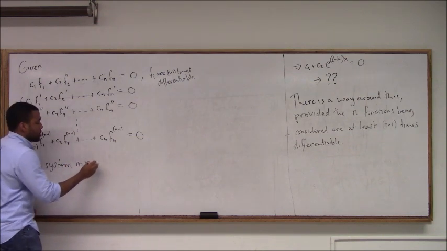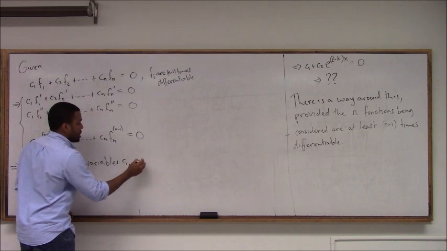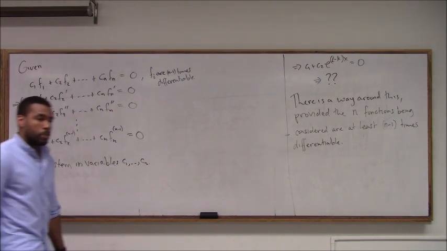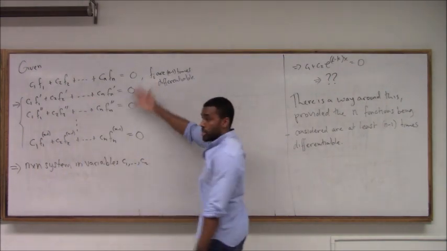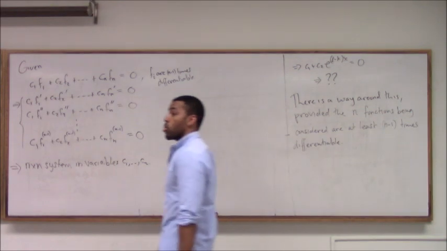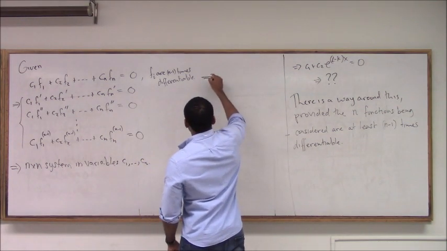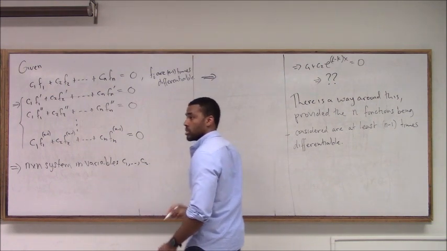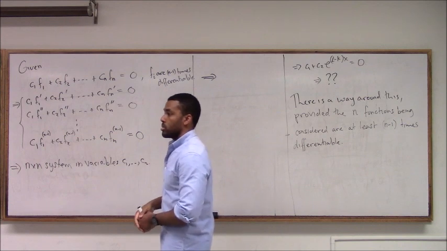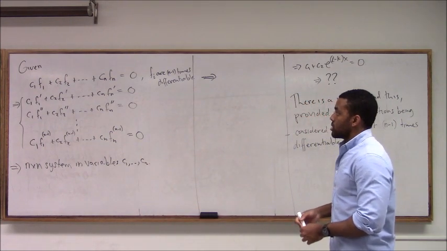In the variables C1 to Cn. So if I think of those as my variables, how can I tackle this system? I know there's at least one solution because it's a homogeneous system, all of them equal 0, but how do I know whether or not there are more than one solution? Ideas?